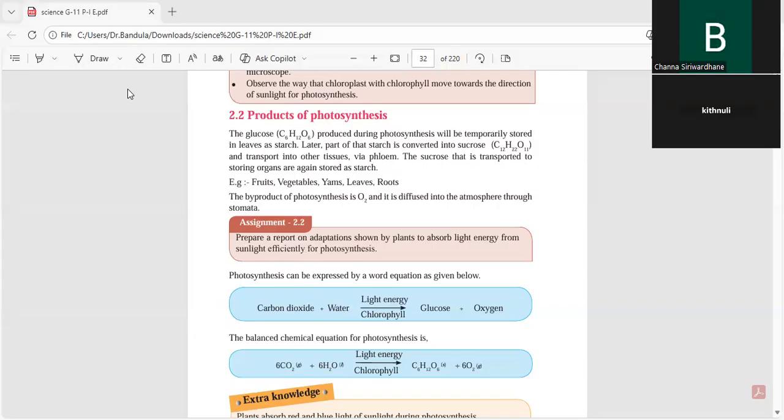That product is temporarily stored. Then, what is the form of carbohydrate?